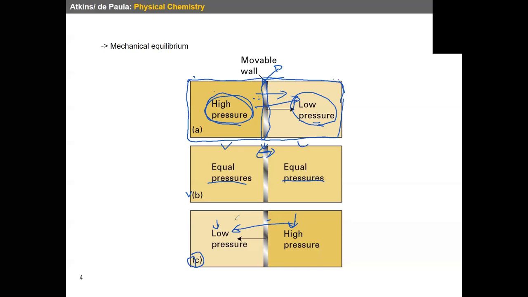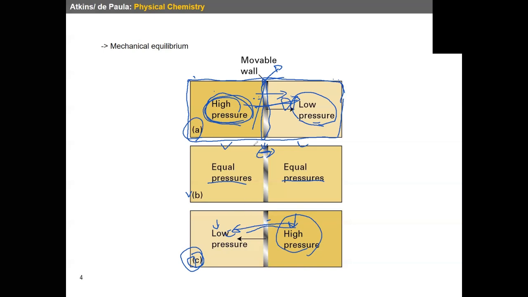I mean, all these kinds of substances move to bring their physical state to equilibrium. So that's why in example A, the wall moves from the high pressure to the low pressure, and in example C, the wall also moves from the high pressure to the low pressure.